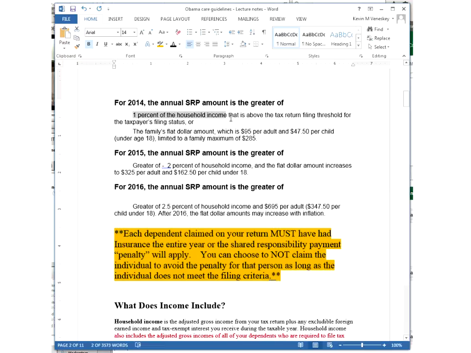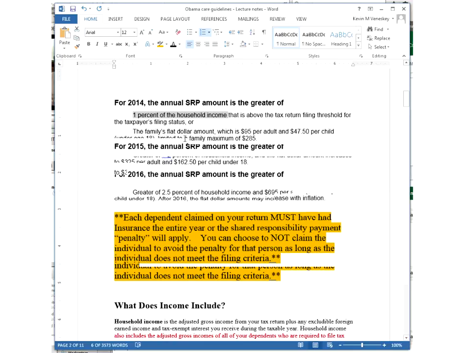However, it's the greater of 95 or 1% of your household income. So a lot of times it could be the 1% definitely that comes into play, and not just the $95. So if somebody has a penalty of $130, you could say, well, it's probably because 1% of their income was higher than the $95 was.